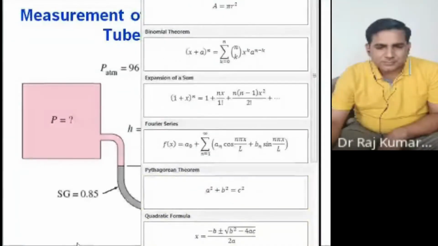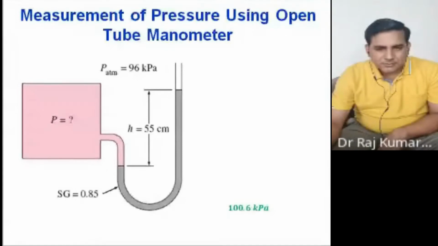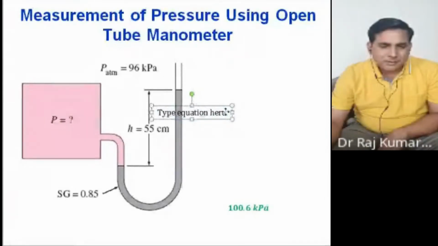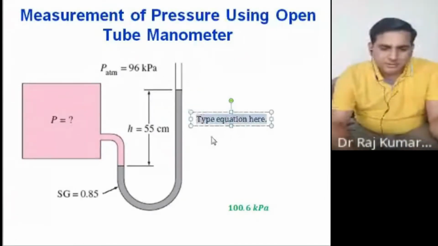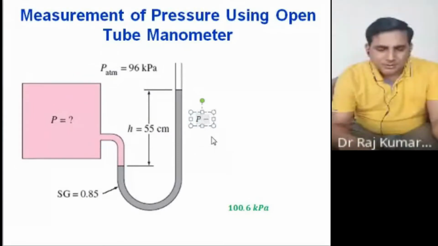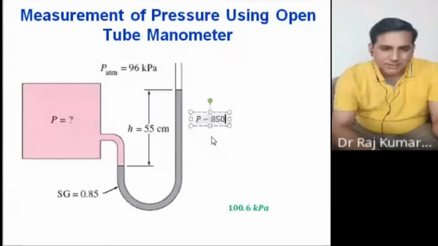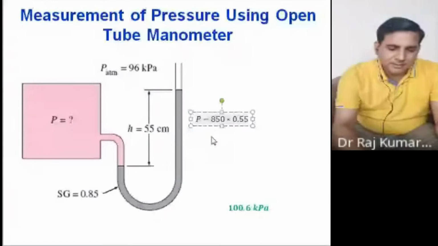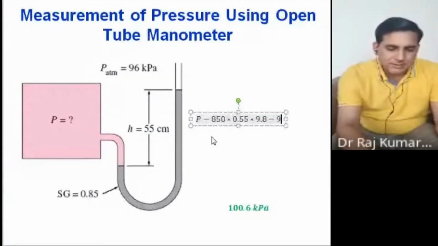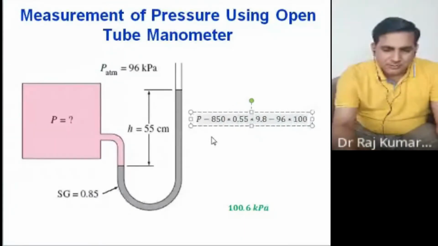If you write it from the equation point of view, you have the pressure here, then minus of that, and here you have the density 850, multiplied by the height 0.55, multiplied by g, 9.8, and minus 96 multiplied by a thousand, equal to 0.